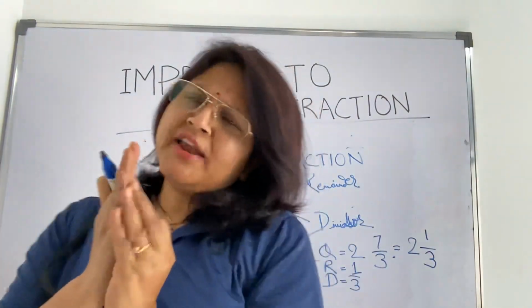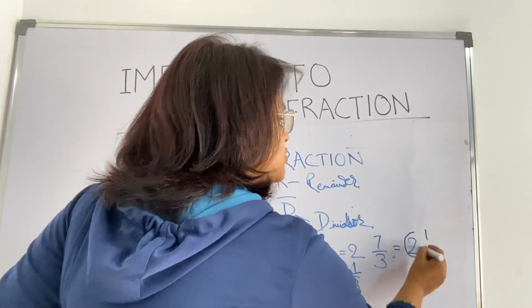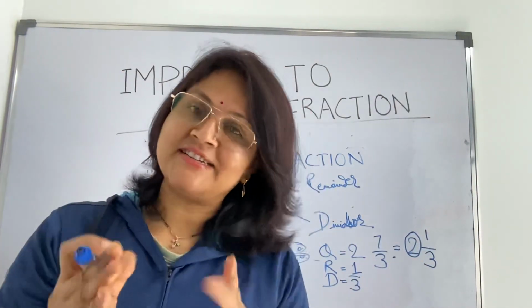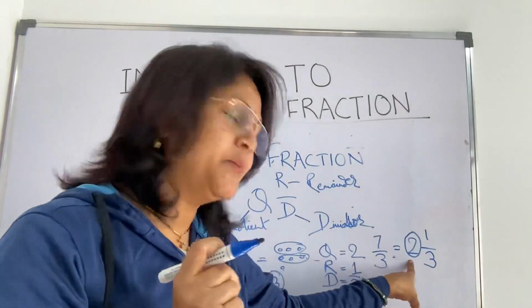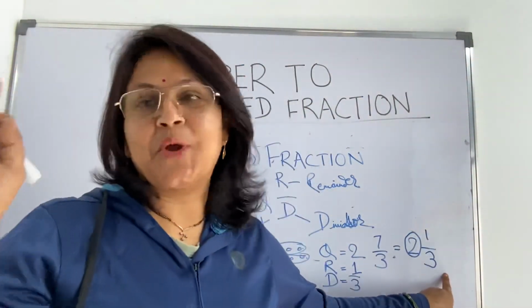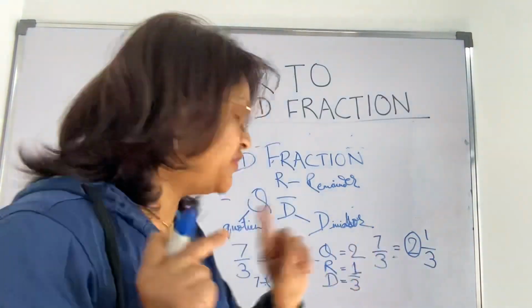Now, one very important thing to tell you is 2 is a whole number. So whenever we talk about the mixed fraction, we should say a mixed fraction is a complete whole number and another fraction which is a proper fraction.